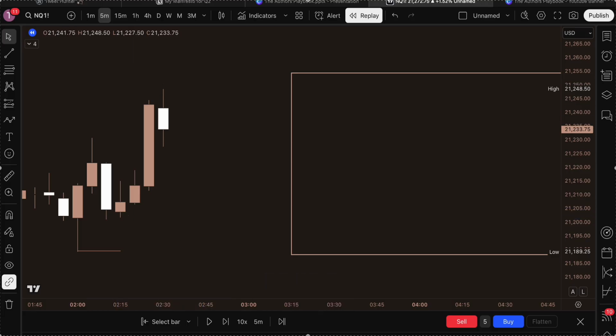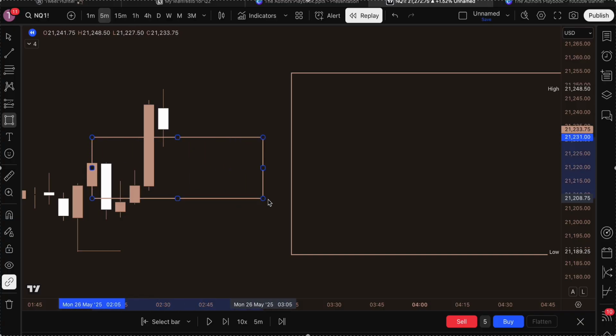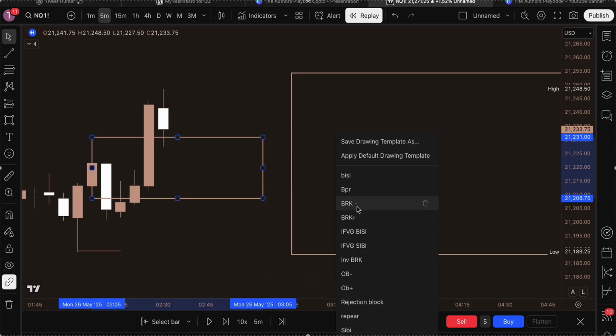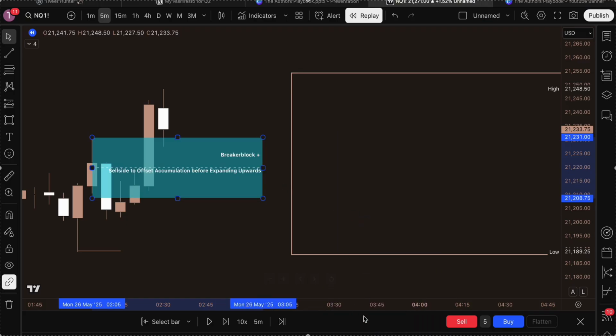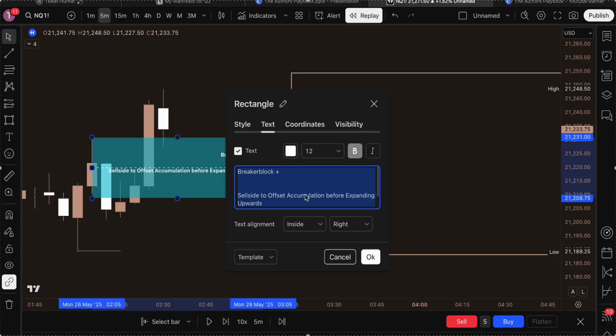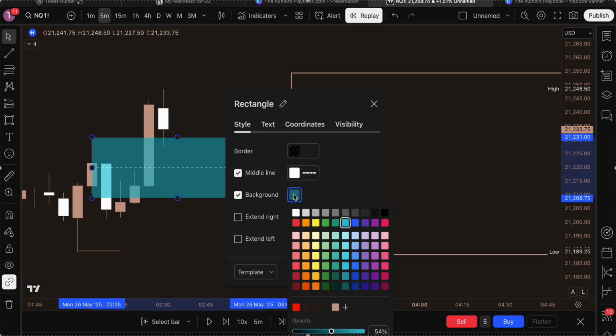So what are we going to expect? Well, we can mark out this candle right here, and we can expect a retracement of price into this mitigation block. Let me change the color so everything matches as well.